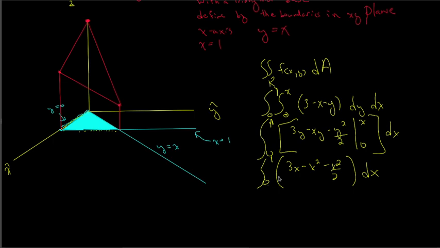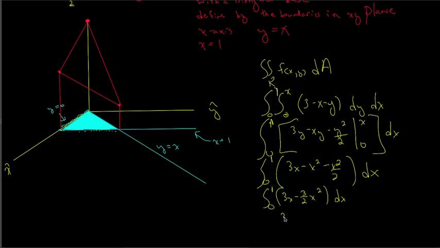So we have 3x minus x squared minus a half of x squared. So 3x minus 3/2 x squared, sorry, dx.